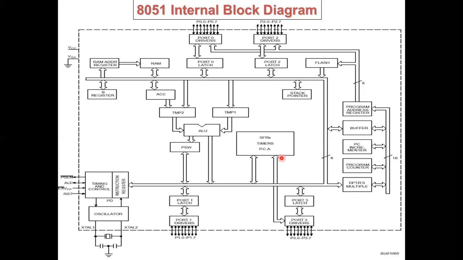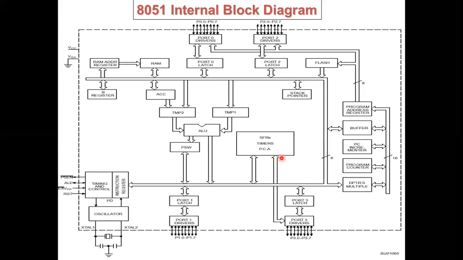It is a 1-byte instruction. Here for MOV A, R0, they are using R0 to R7 registers. If it is MOV A, R0, you have to put an address for R0. That is the concept in the 8051, and they call it special function register: the register which is represented by an 8-bit address.